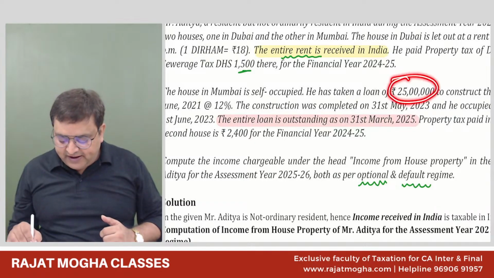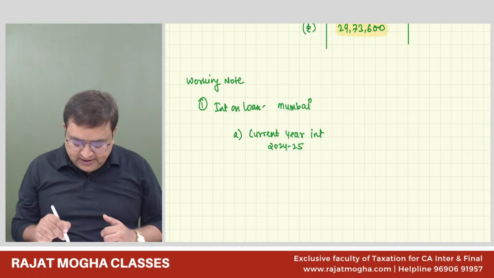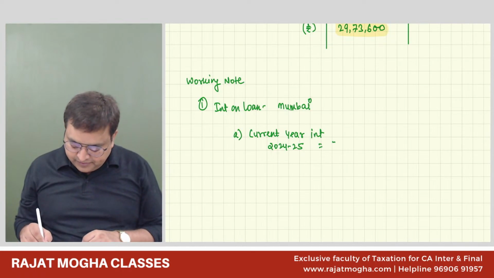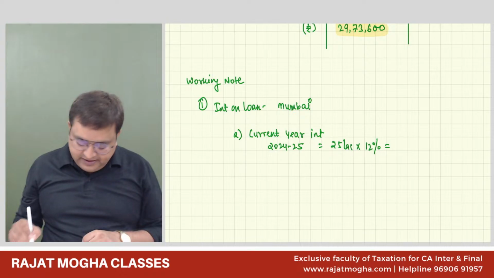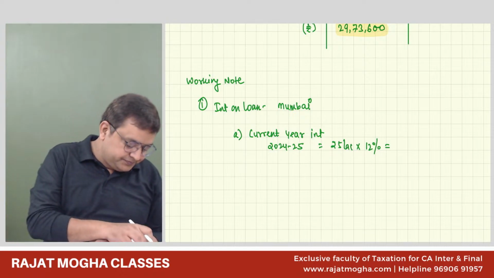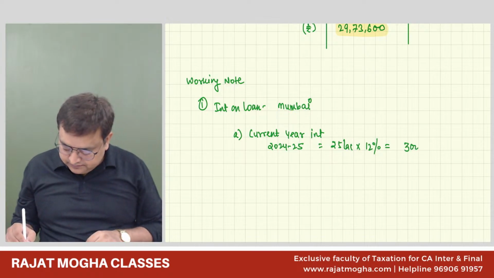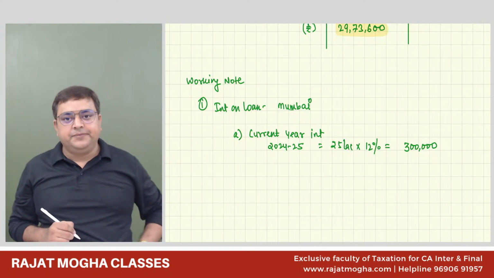So 25 lakh into 12% is the current year interest. For 1 year interest this year, the loan was 25 lakh at a rate of 12%. So I believe it would be 3 lakh. This is the current year loan.